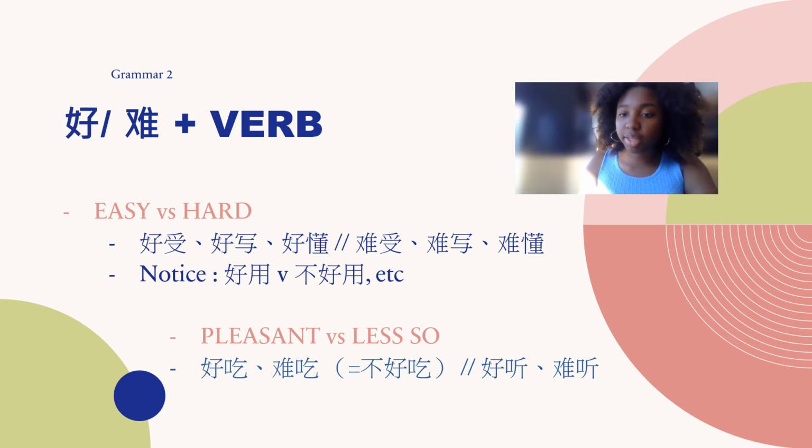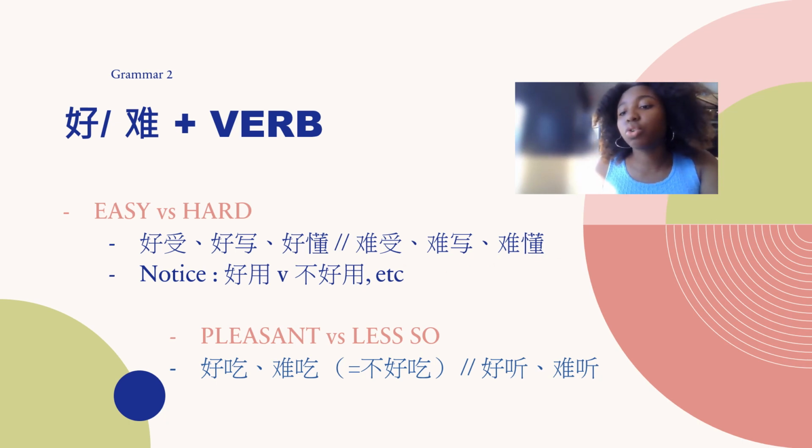Basically, some verbs can be preceded by 好 or 难, and the resulting compounds become adjectives. But in this case, 好 usually means easy, while 难 means difficult. In some of these cases, such as 好受、好写、好懂、难受、难写、难懂。Easy to bear, easy to write, easy to understand. Hard to bear, hard to write, hard to understand.